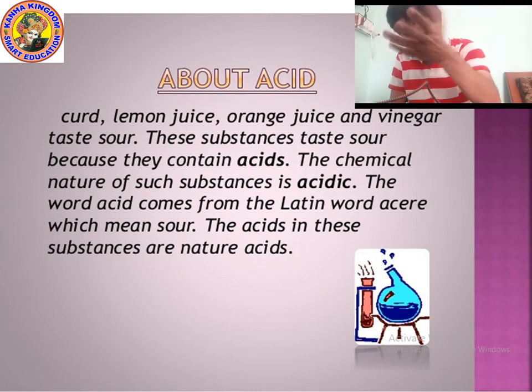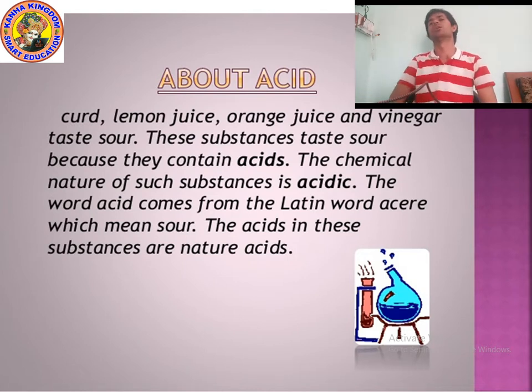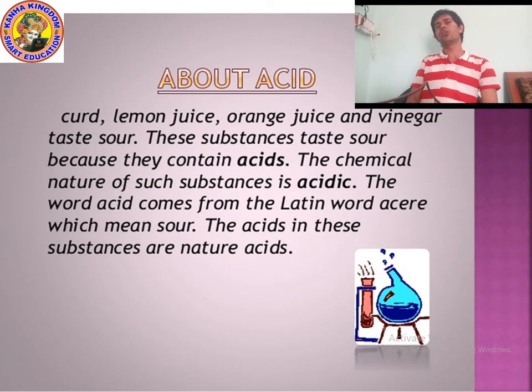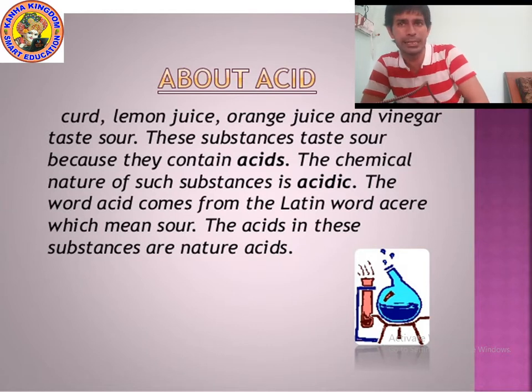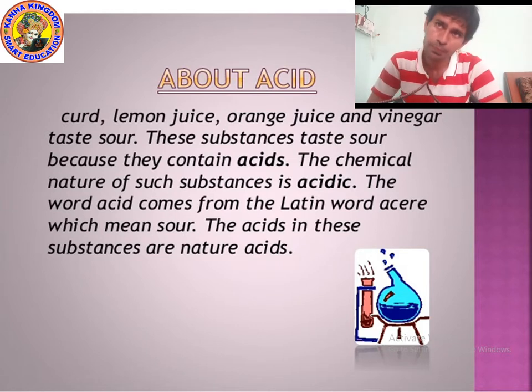Okay. The chemical nature of these substances is acidic. If we talk about their nature, what is the nature of curd? What is the chemical nature of lemon juice? What is the chemical nature of acetic acid? What is the chemical nature of orange juice? Curd is an acidic substance. Lemon juice is acidic in nature. Orange juice is acidic in nature.